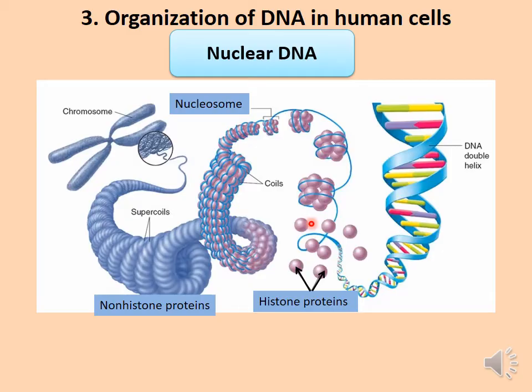And these proteins are classified into 2 groups. One is histone proteins and the other one is non-histone proteins. At the very basic level of DNA organization, mainly the histone proteins help DNA packing. At the higher levels of organization, mainly the non-histone proteins help DNA packing.